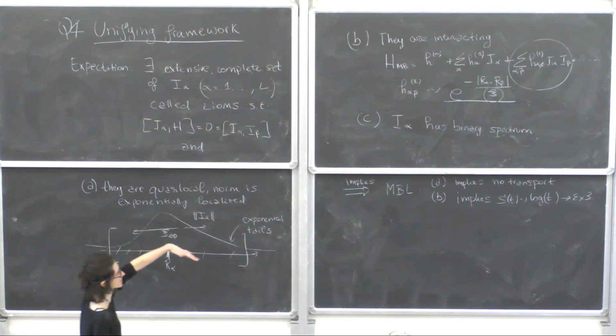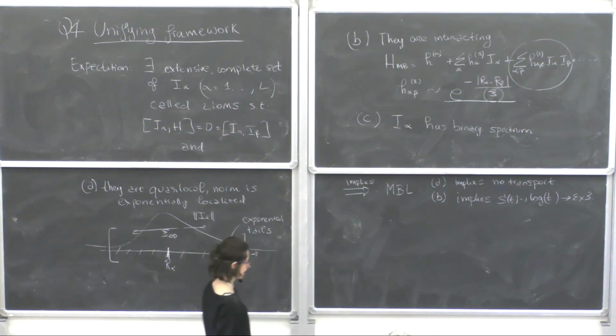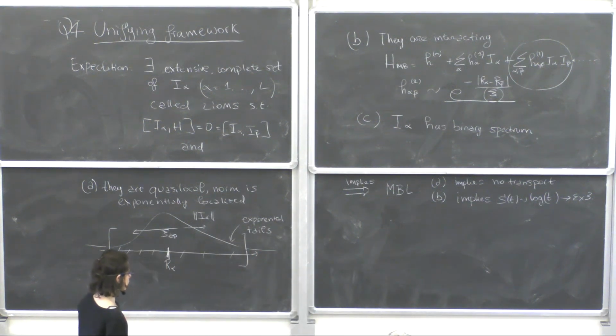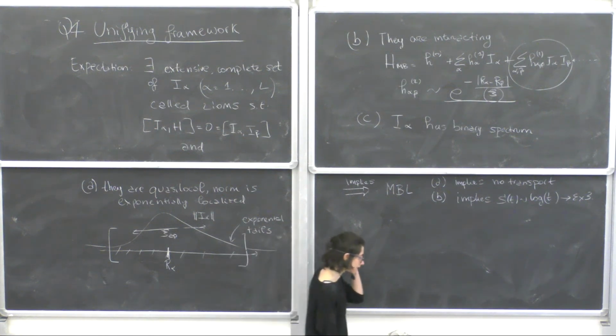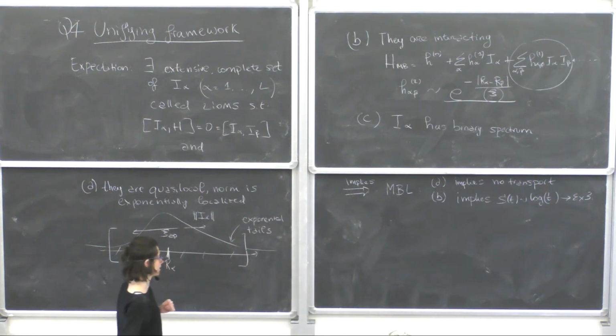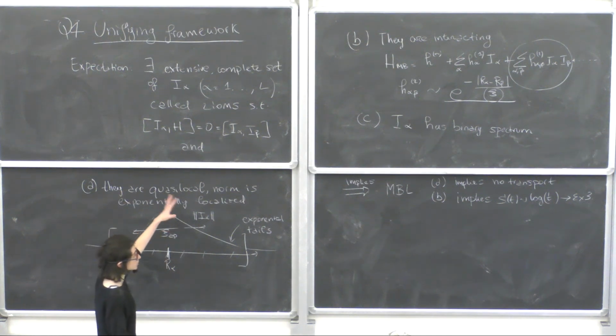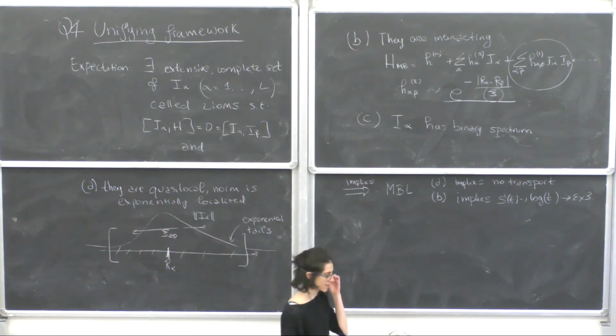So the comment is, I presented this as an expectation and as a framework which is unifying, in the sense that it allows you to argue for all of the phenomenology that was discussed. Now, one first comment is that when you think about rigorous mathematical proofs of MBL, this is the approach that you follow. So you do not look at conductivity as in the single particle case.